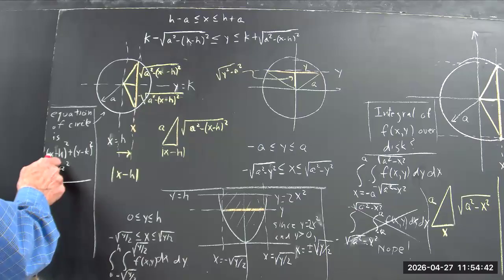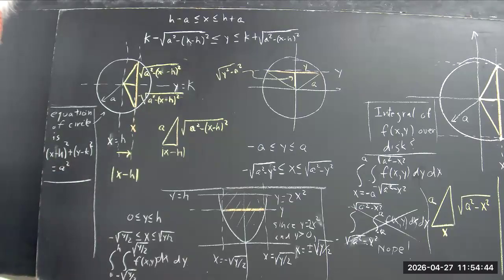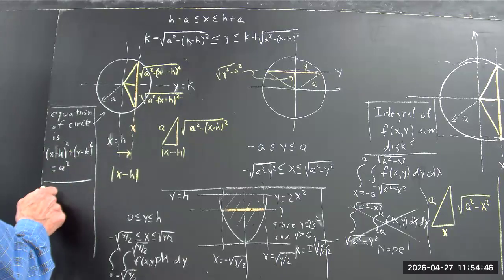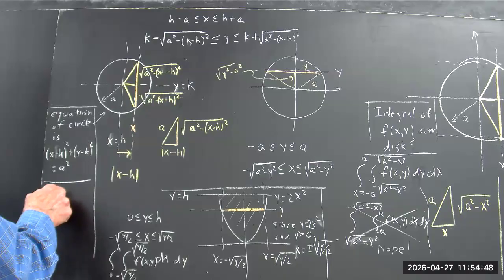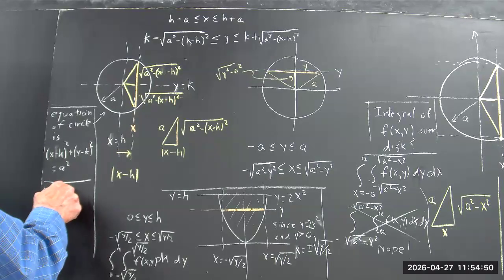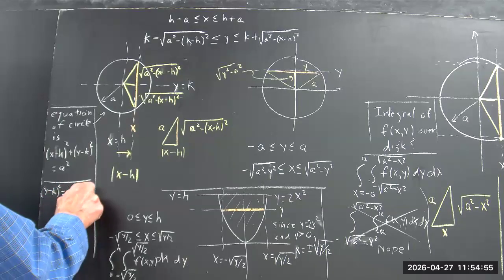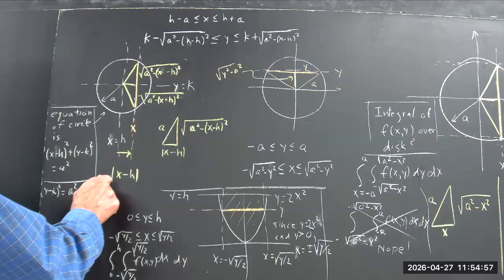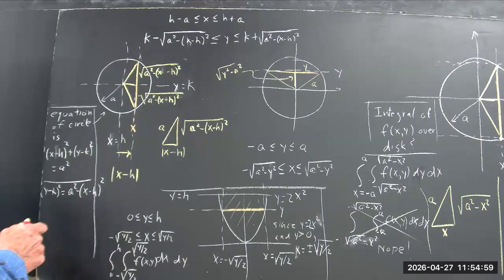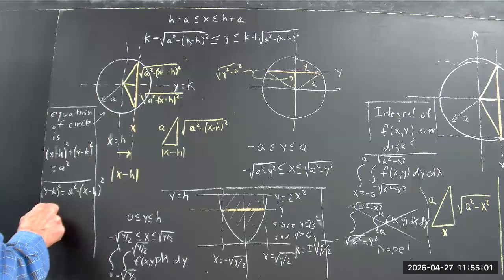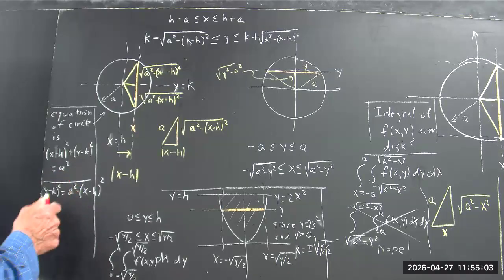Well, it's pretty obvious that I could subtract x minus h squared from both sides. We get y minus k squared equals a squared minus quantity x minus h squared. So what's the next step?